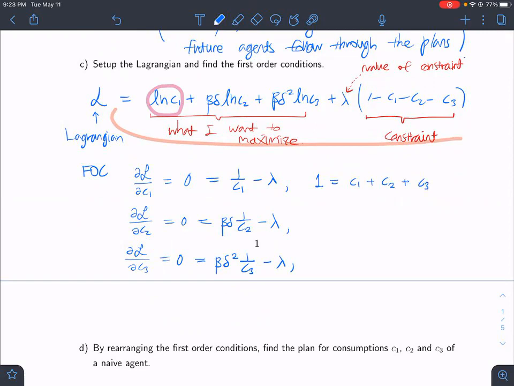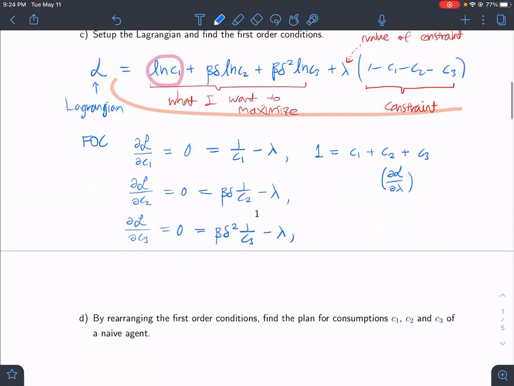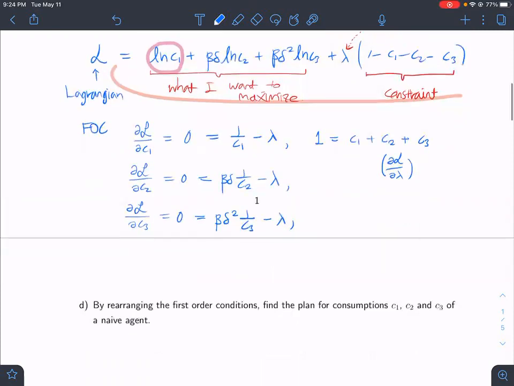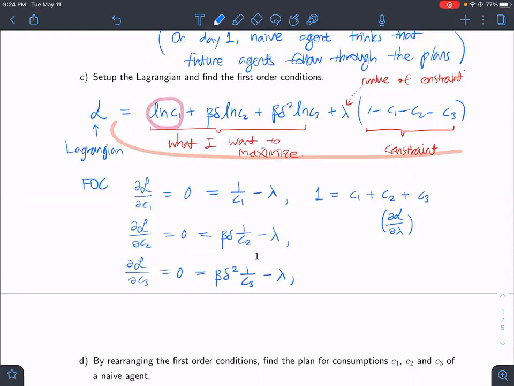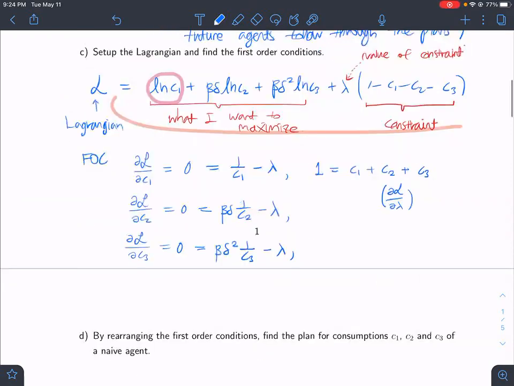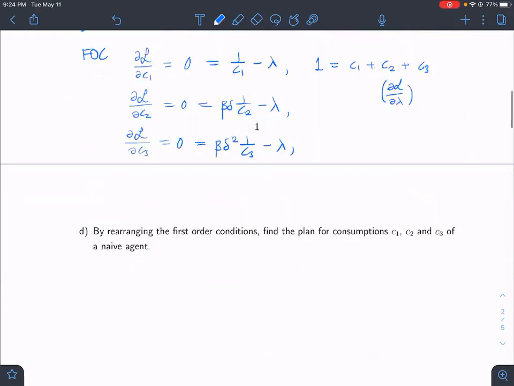This is like differentiating the Lagrangian with respect to lambda. Any questions? So this is step 2. In step 3, we rearrange the first order conditions and find the plans for consumptions C1, C2, and C3.